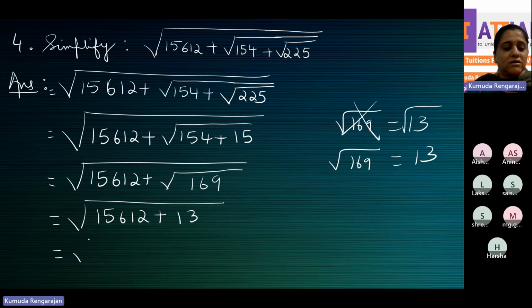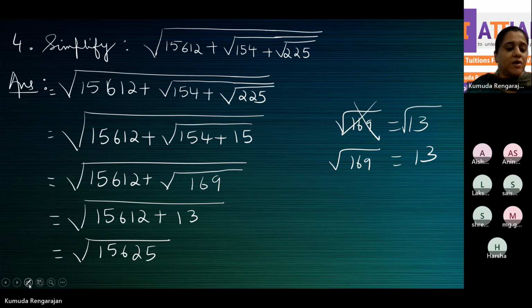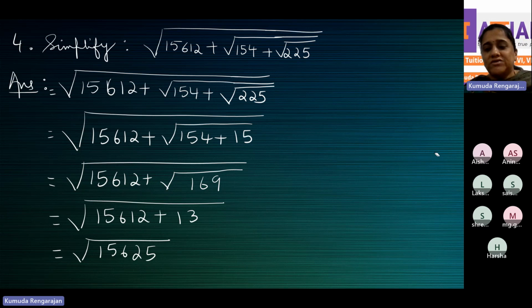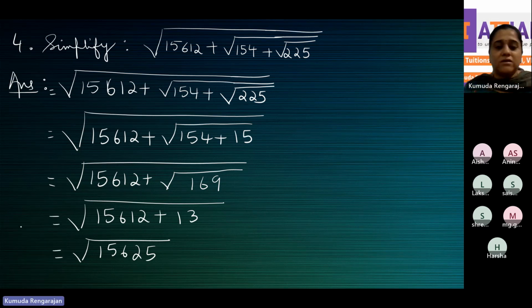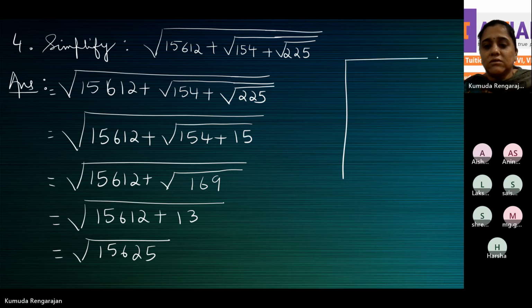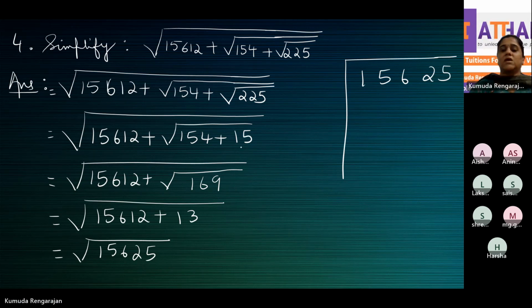Now again add. 15625. Now we have to find the square root of 15625. You can do it using the long division method, and you will get 125.